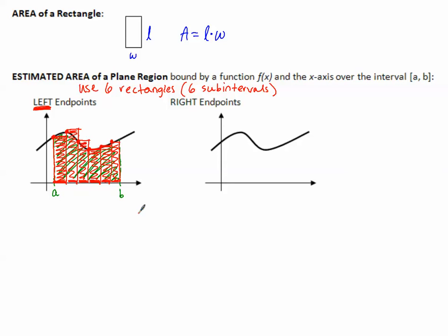Well, if we're breaking it up, notice how we don't have too much of an over or under estimate here. So that's going to be a lot more accurate than just using one rectangle, 2 rectangles, 3 rectangles. But obviously breaking it up into more rectangles is going to be even more accurate.